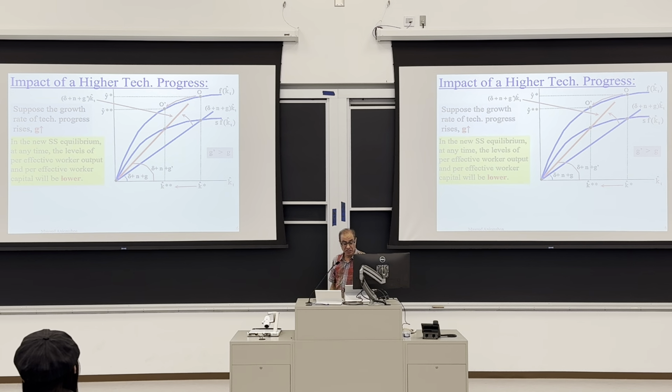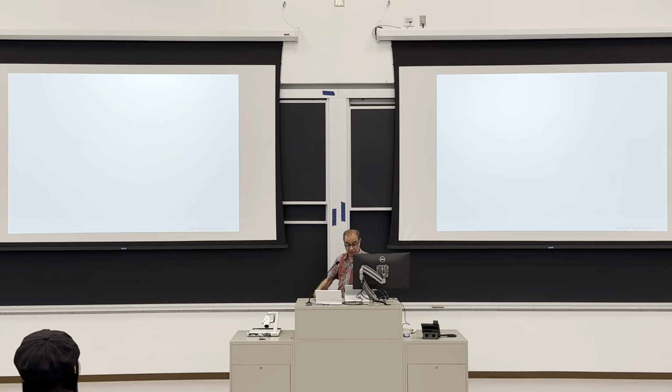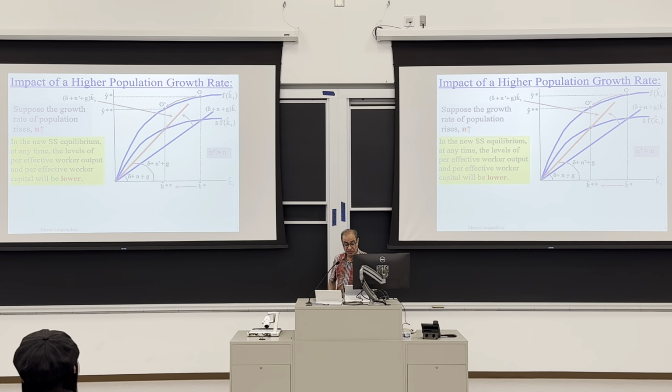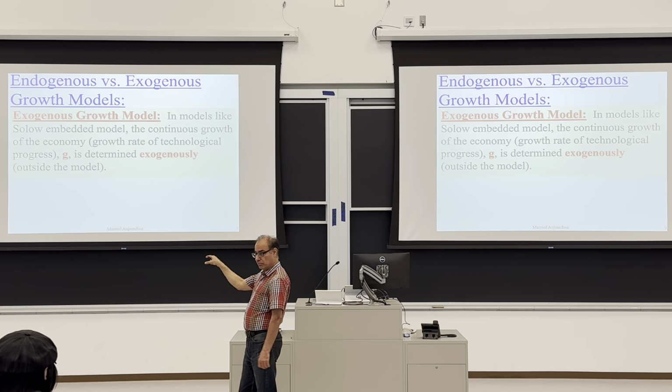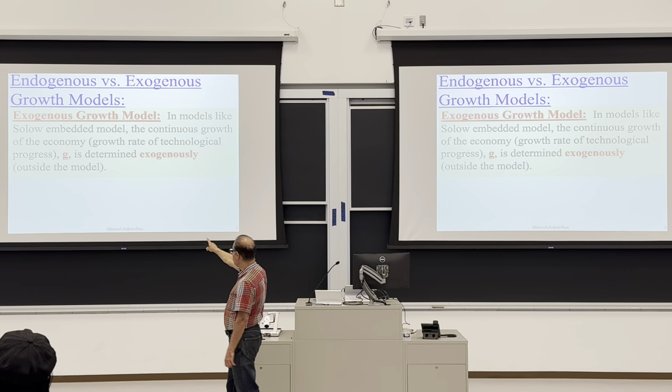So that brings me, if you take a course in growth theory today, they are talking about a new kind of models these days, you see? So now we have two kinds of models. Exogenous growth models are models that follow Solow. So they assume that technology gets better at rate G from outside.